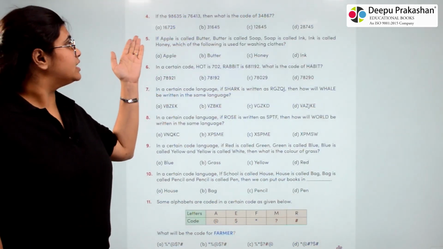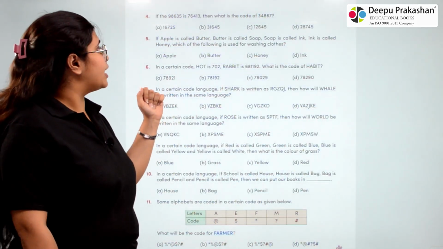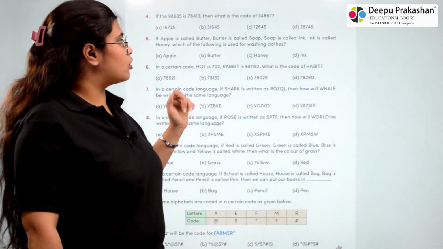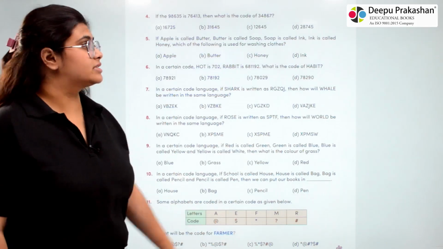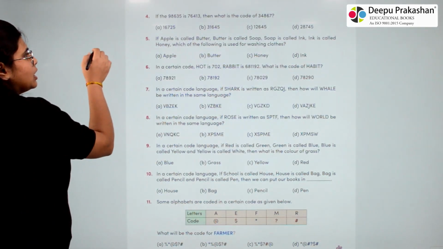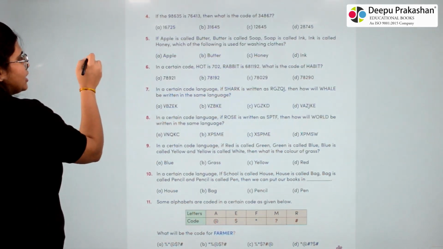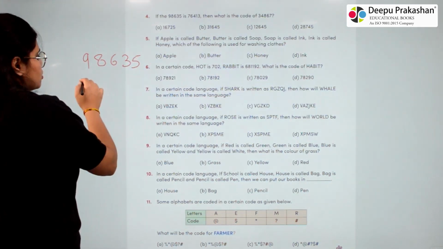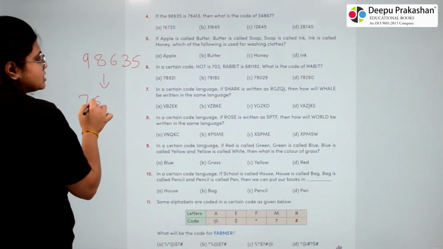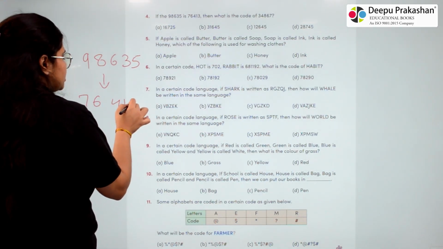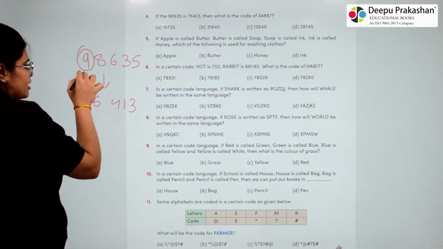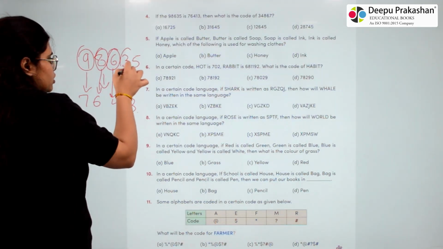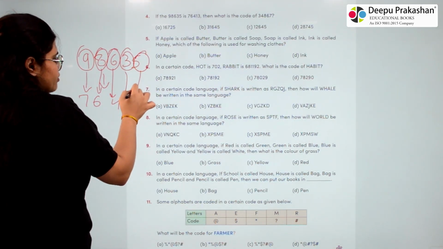4. If 98635 is coded as 76413, then what is the code of 34867? So here we are given two numbers. 98635 is coded as 76413. This means 9 is 7, 8 is 6, 6 is 4, 3 is 1, and 5 is 3.